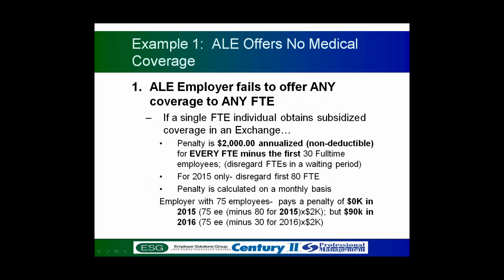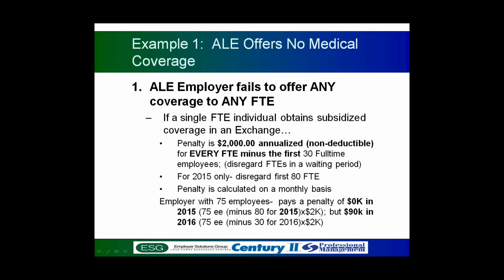In the year of 2015, they pay no penalty because they have 75 employees, and for that first year of 2015, it's a $2,000 penalty times each full-time equivalent, but you subtract in 2015 the first 80 employees. So in that scenario, that company would not have an employer mandate penalty for 2015.